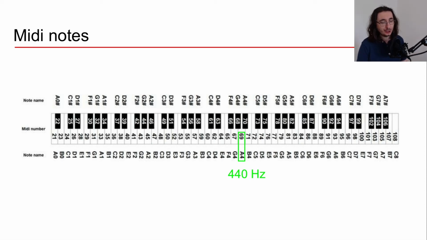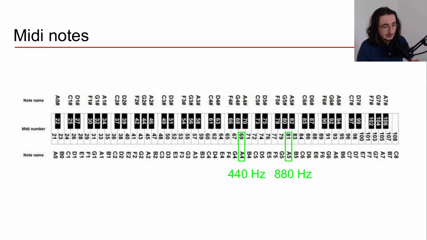Now, the idea is that if we go up an octave, to A5, we'll have a frequency that's double that. It's 880 Hertz. So the basic takeaway here is that notes an octave above have a frequency that's double the frequency of the same note at the octave below, right?